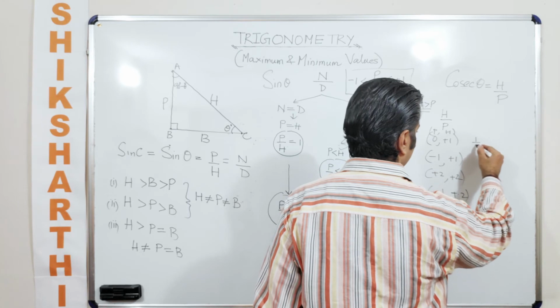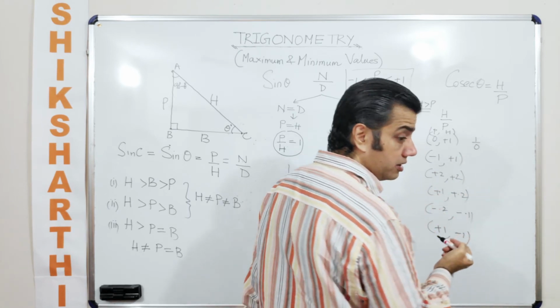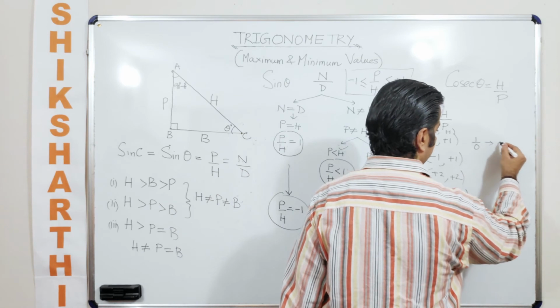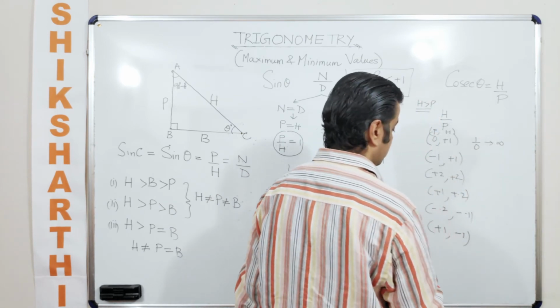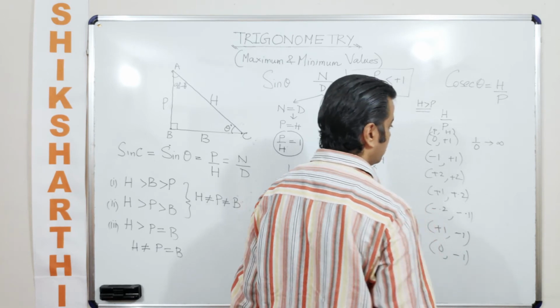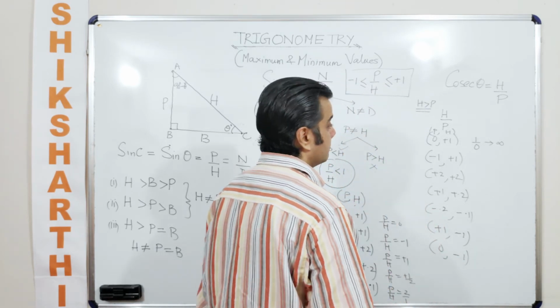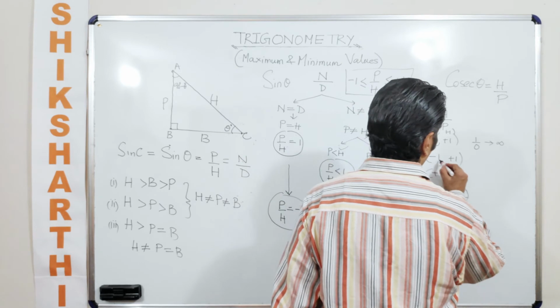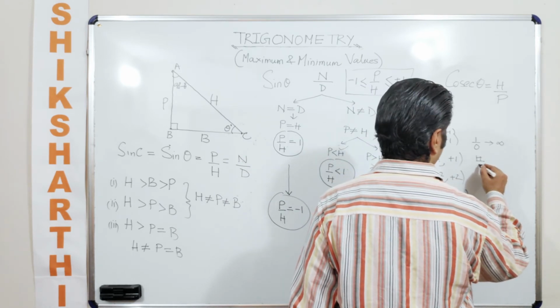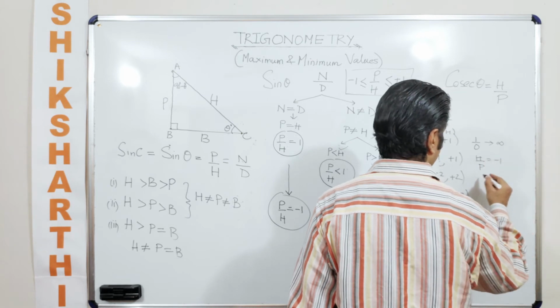This is 1 by 0. Now 1 by 0 is not a defined form, but we will say it tends to infinity. At the same time, let's include one more value, which is 0 comma minus 1. How much is H by P from here? It becomes minus 1.